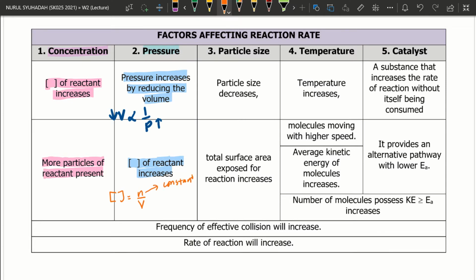But as we decrease the volume of the container, the concentration will increase. Since the concentration increases, the frequency of effective collision will increase, so the rate of reaction will also increase.